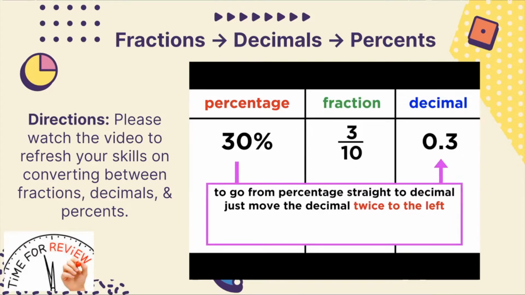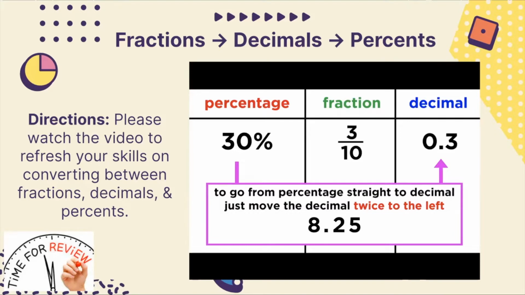When converting from percentages directly to decimals, all we have to do is move the decimal place twice to the left, because 100 is 2 orders of magnitude greater than 1. So from 30%, we just take the decimal place, which isn't written, but is implied to be just to the right of the units place, and move it over twice to the left. We can never start a number with a decimal point. There has to be a 0 first. So that gives us 0.3.